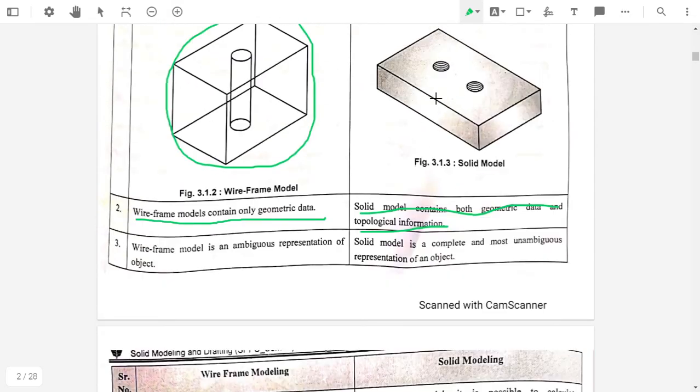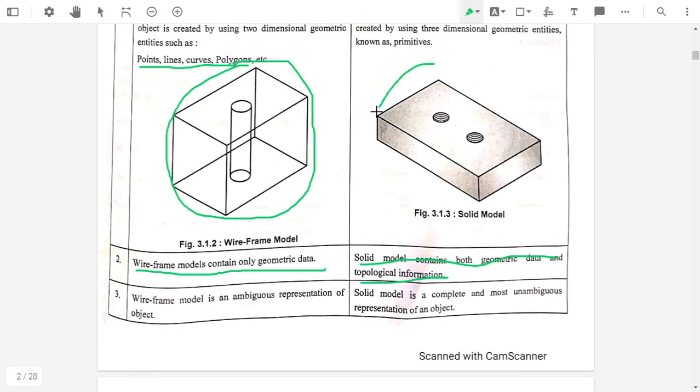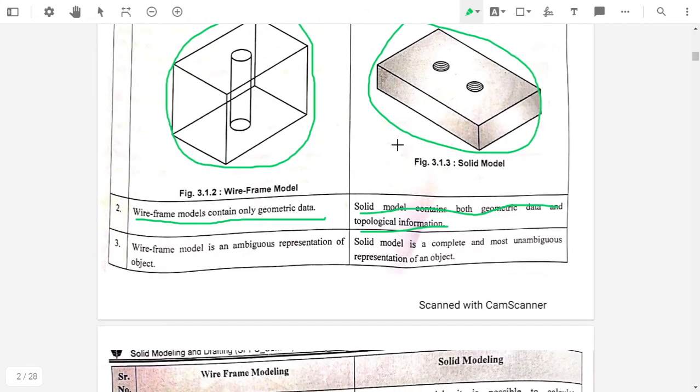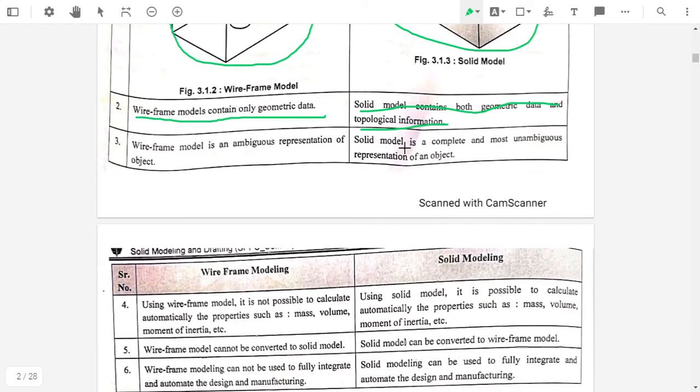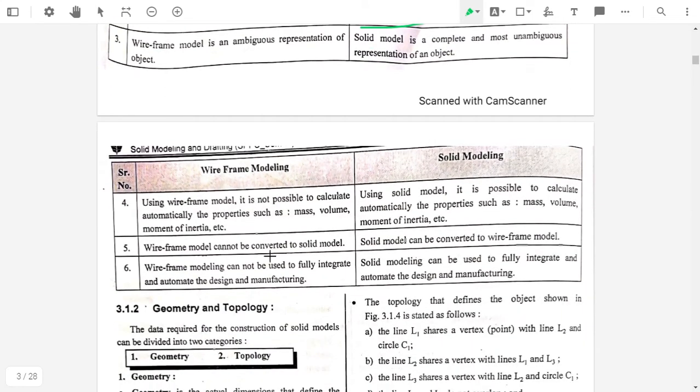But by visualizing this solid object, we can calculate the mass of this object, the volume of this object, or get the information about the moment of inertia of the object. This total information or different properties of the object can be found out by using solid modeling. A wireframe model cannot be converted into a solid model.